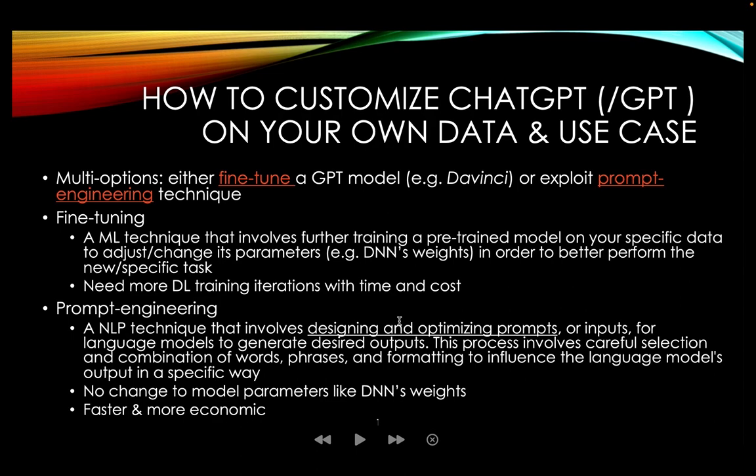Basically, you use your own data to customize the model's hidden layers, the neural network connections, weights and biases, to let it pick up new knowledge specific to your domain. That is a bit costly and time consuming, and you have to agree to spend money on that. Another option is prompt engineering.